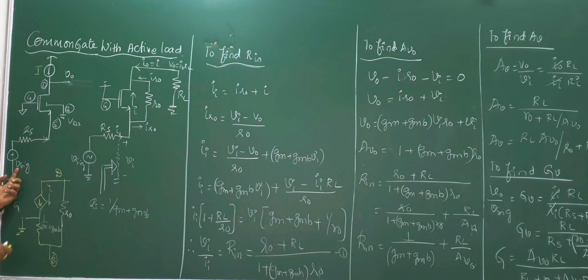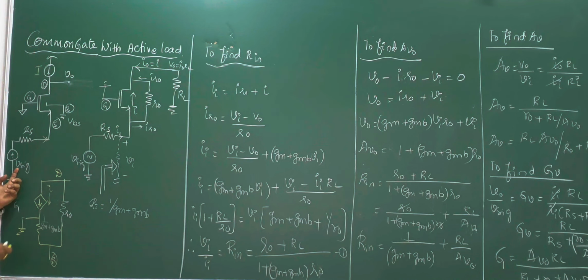What are those three different forms? Usually when RL is infinite, there is no significance, you need not write RL. So R0 and R0 get cancelled, and Rn is nothing but 1 divided by (Gm plus Gmb).